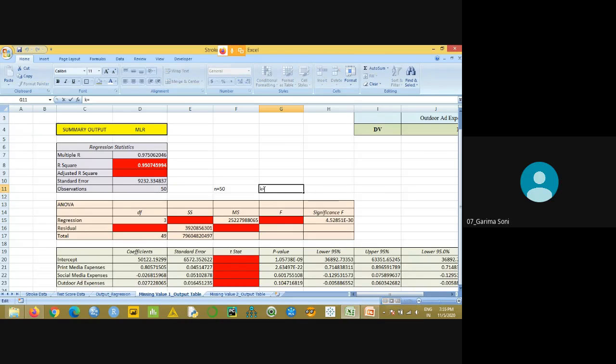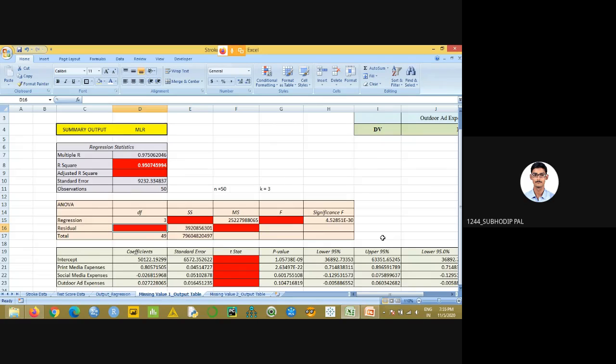Number of independent variables. How many independent variables are here? 3. So K equals 3. So this is the ANOVA table. The first one, regression: degree of freedom for regression is equal to K, so this will be 3.